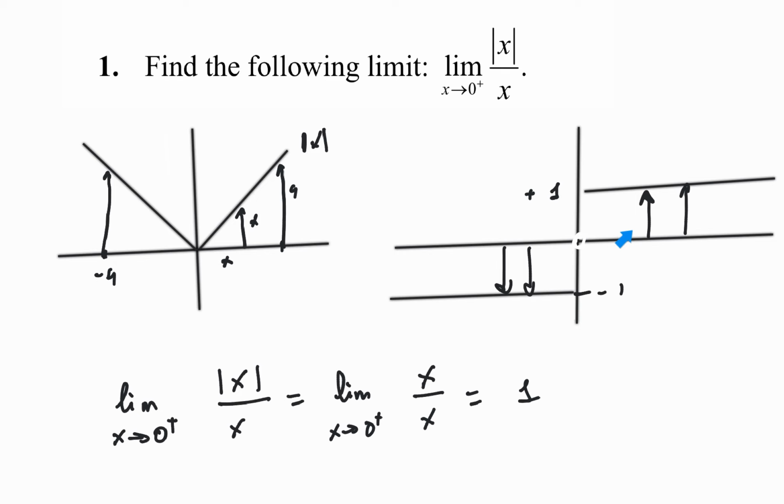So when you approach from the right, 0 plus, the limit will be 1, even if the function is not defined at 0, because for the limit it's not important if the function is defined at x equals 0. What is important is what the function wants to be as x approaches 0. It wants to be 1 all the time.